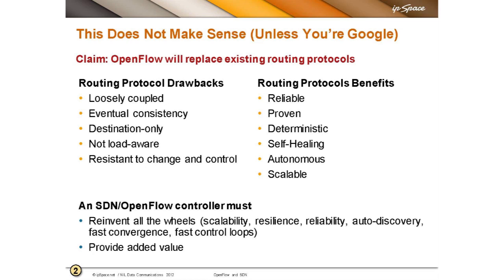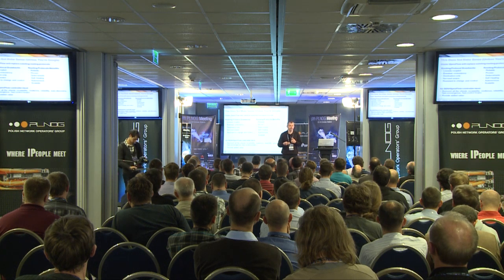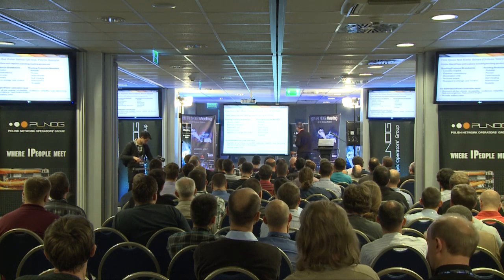You must reinvent scalability, you must reinvent auto-discovery, you must reinvent fast convergence, you must reinvent control loops, you must reinvent BFD, for example. Because if the device is totally dumb and it cannot do BFD with the neighbor, you have to do it through the controller. And that doesn't work. So you have to reinvent everything, and on top of that, you have to provide some value or no one will buy the controller.